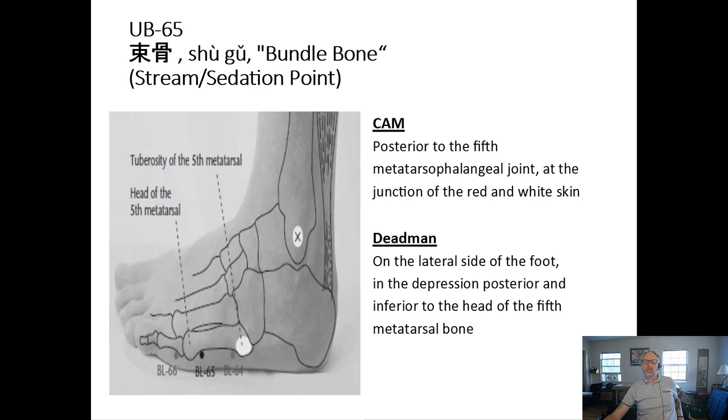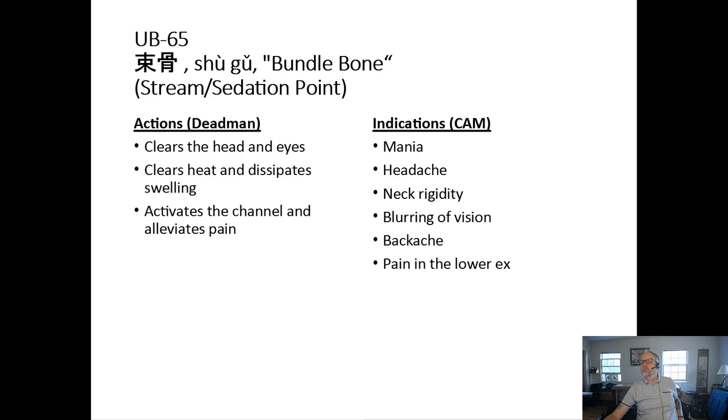UB65. On the lateral side of the foot, any depression posterior and inferior to the head of the 5th metatarsal bone. Clears the head and eyes, clears heat, dissipates swelling, activates the channel, and alleviates pain.